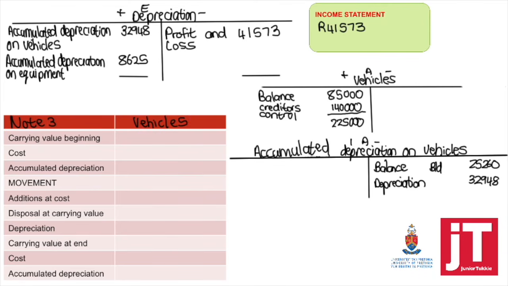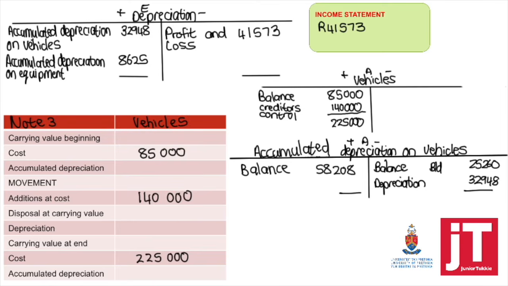Vehicles. The opening balance is 85,000, so cost 85,000 plus additions equals the cost at the end. If we look at accumulated depreciation, the balance in the beginning is 25,260, and it must be in brackets, plus the depreciation equals the accumulated at the end.